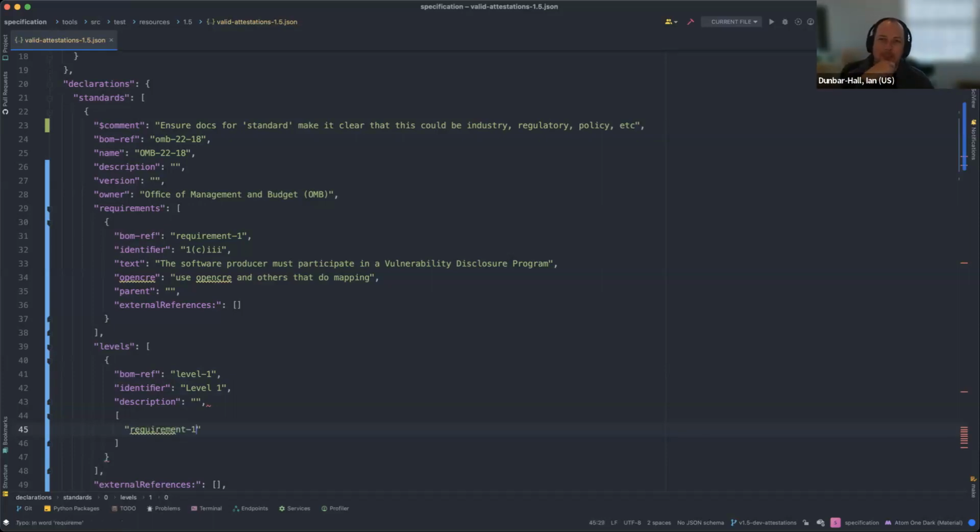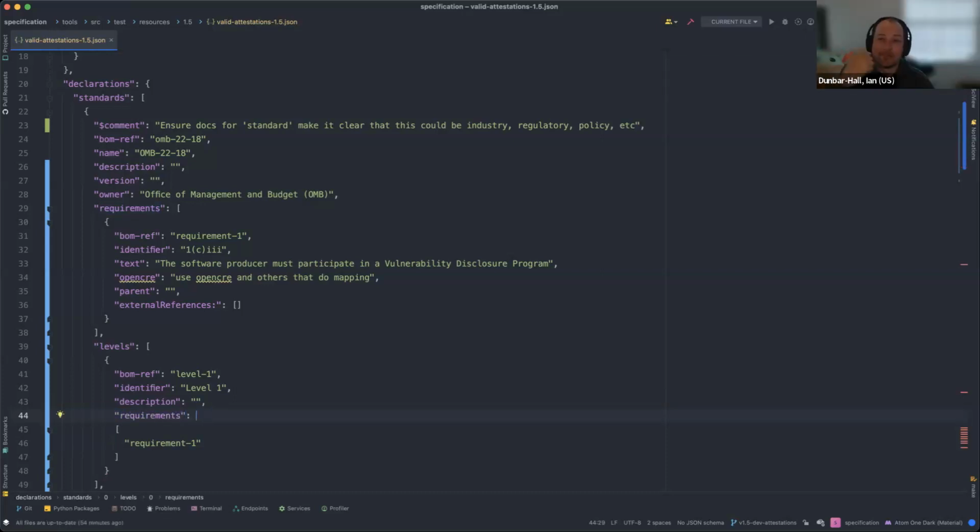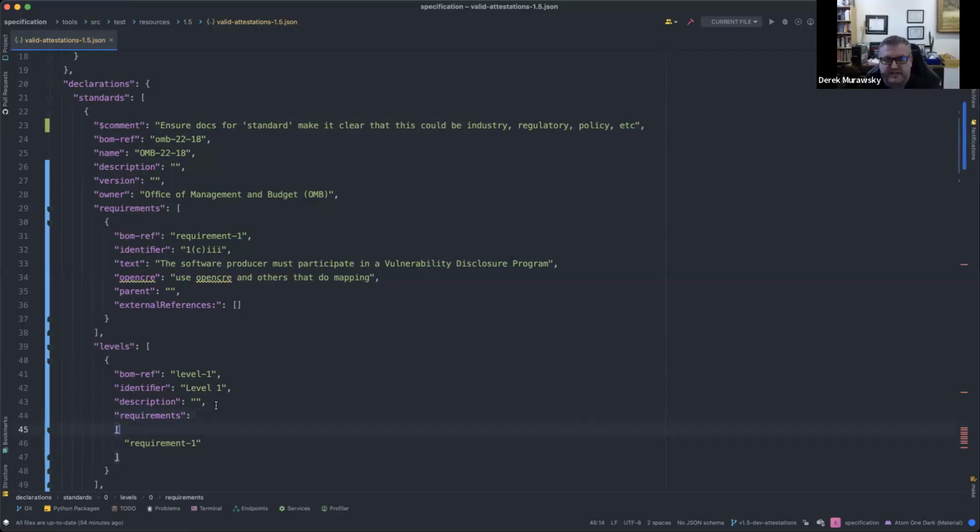I'm a simpleton thinking through this. Is this necessary though? Or are those really just different standards? Well, that's an interesting point, because I think you could say SLSA level 1 is the standard itself and simply list the requirements for that. Right. And then SLSA level 2 and list the additional requirements for that. So you could absolutely do it that way.